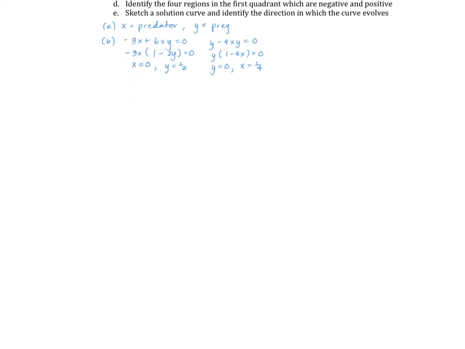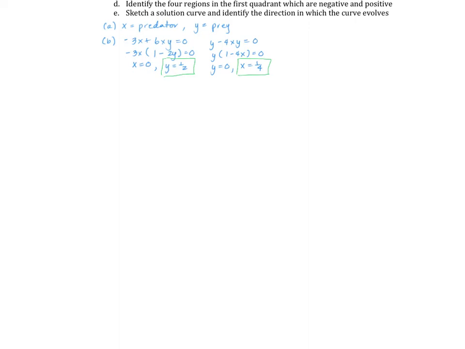Typically, we ignore the 0 values when we're trying to find equilibrium points, because that's where the population of the predator and the population of the prey are 0, which means nothing. We have nobody. So the equilibrium solutions are usually the non-zero solution. So y is equal to 1/2 and x is equal to 1/4 would be the equilibrium solutions.